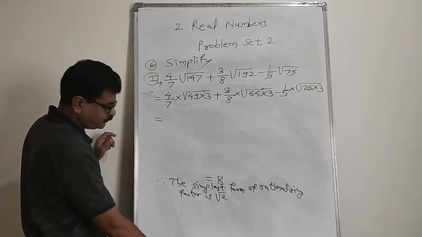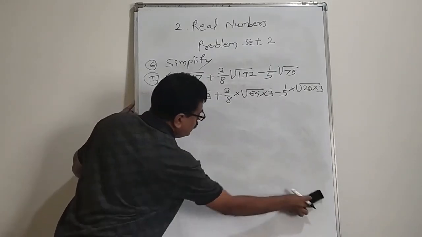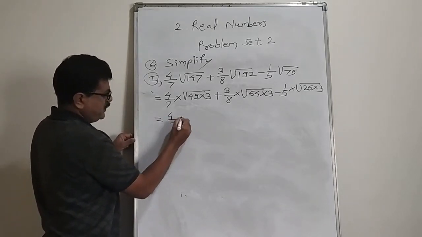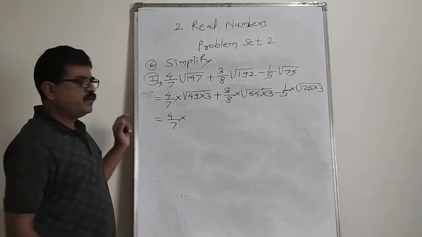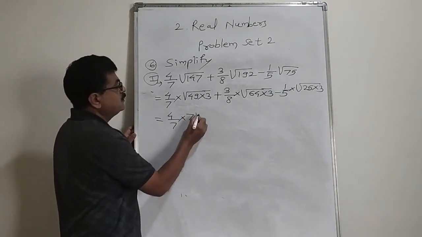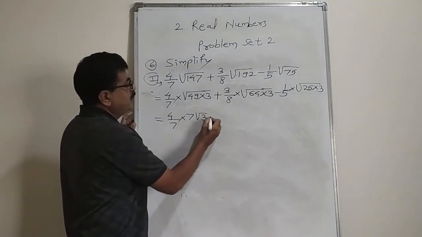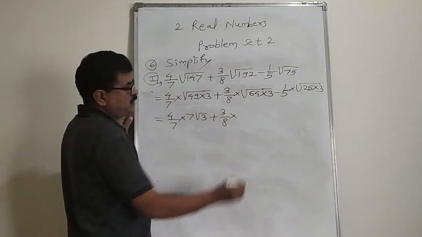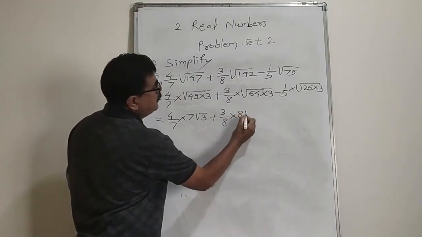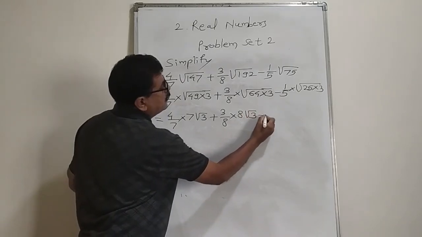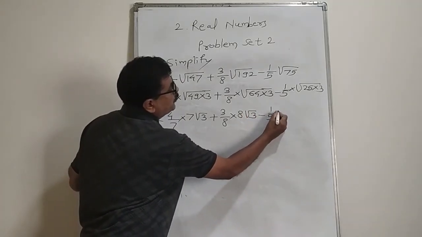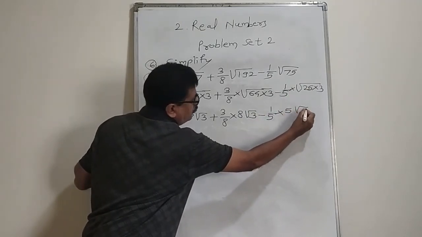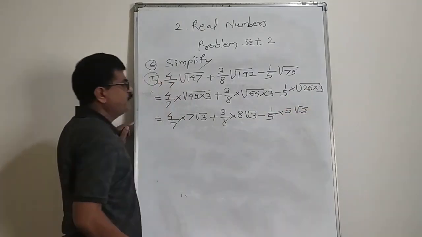Now here 4 upon 7 into square root of 49 is 7 square root 3, plus 3 upon 8 into square root of 64 is 8 square root 3, minus 1 upon 5 into square root of 25 is 5 square root 3.